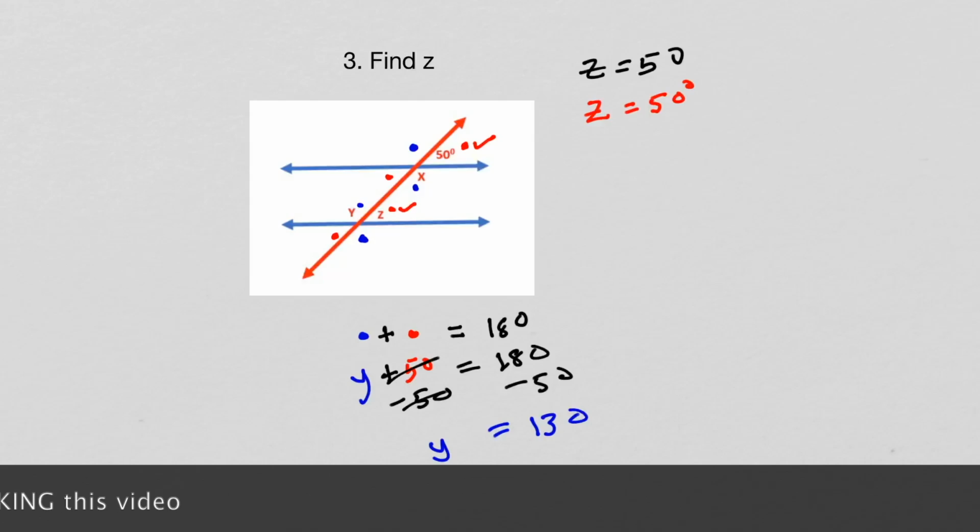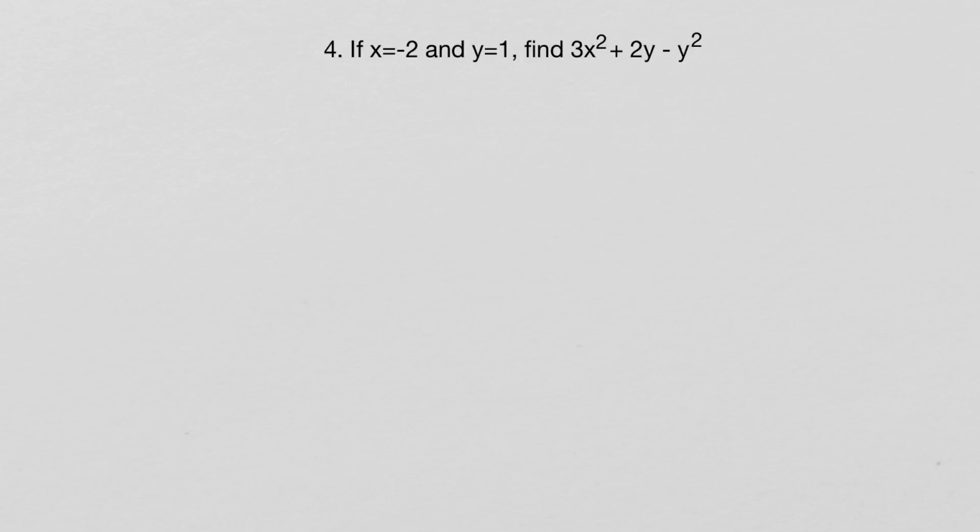Let's look at our next question. Question 4. If x equals -2 and y equals 1, find 3x squared plus 2y minus y squared. Here, you are just supposed to put the x and y values given into the expression.